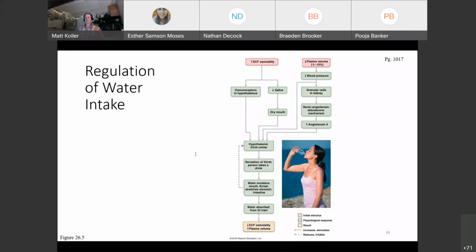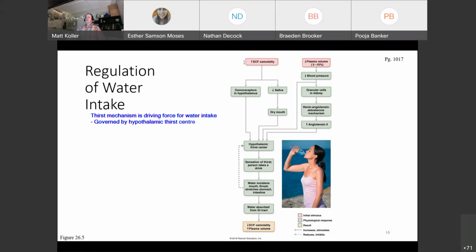Let's talk about water, makes me thirsty. Right, your thirst mechanism is the driving force for water intake. Okay, and it's governed by the hypothalamic, sorry, it should be thalamic, thirst center.